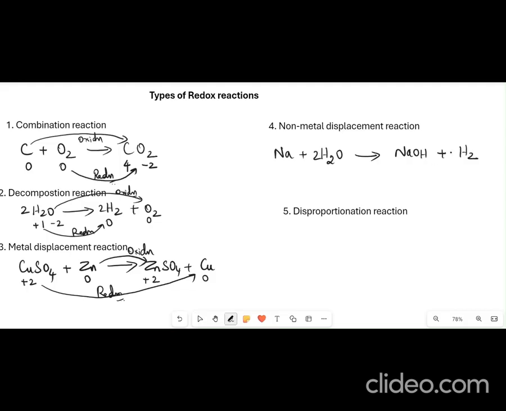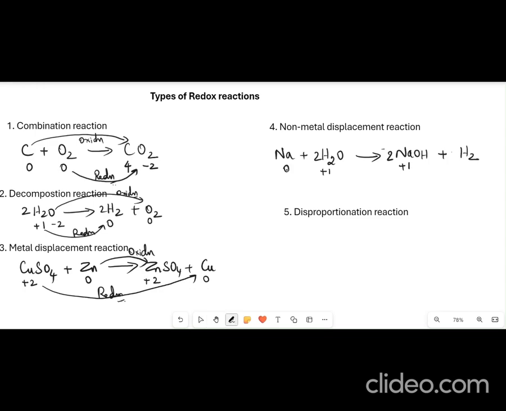So in this case, sodium goes from 0 to +1 oxidation state. So it's undergoing oxidation. And see, hydrogen from +1 to 0, it's undergoing reduction. So it's a non-metal displacement redox reaction. Next, coming to disproportionation reaction.